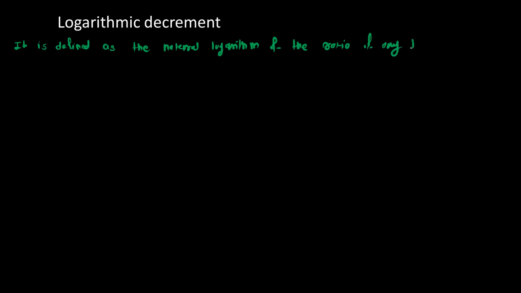So, what is the meaning of logarithmic decrement? It is defined as the natural logarithm of the ratio of any two successive amplitudes on the same side of the mean line.